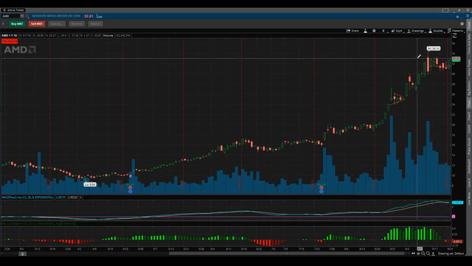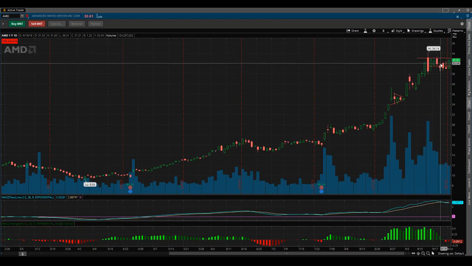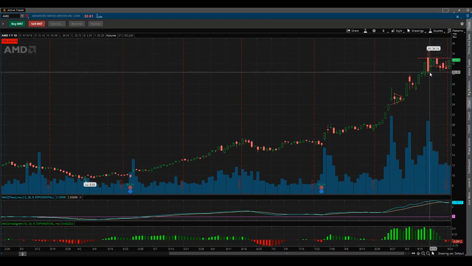I understand that pre-market right now, it is above 33. But 33 was a big area where it really couldn't break and hold above. There were these wicks last week where it did pop over 33, didn't hold. Tried to break 33 again, didn't hold. Tried to break 33 again, didn't hold.